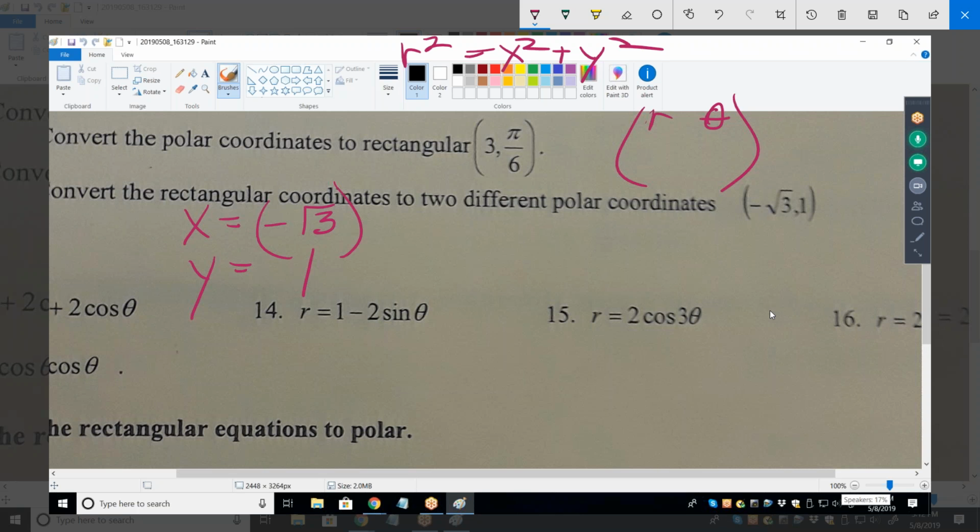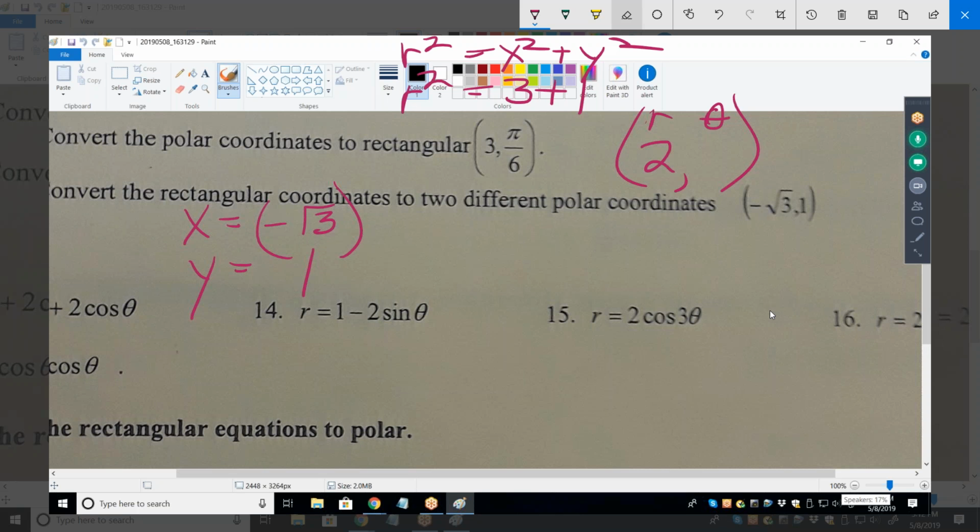What do you get when you square that? 3. So r squared equals 3 plus what's y squared? 1. So what's r equal to? r equals 2.